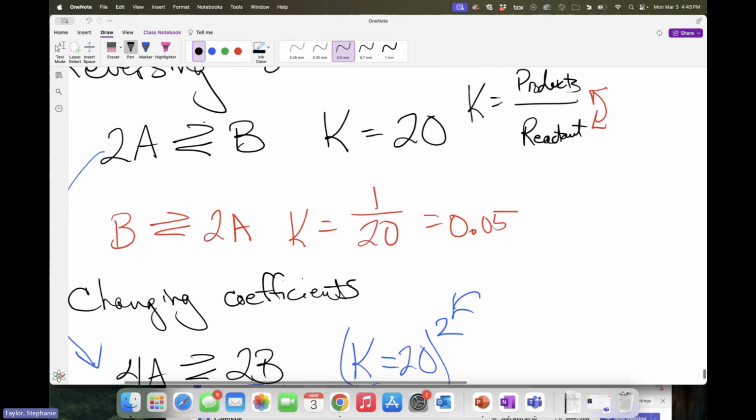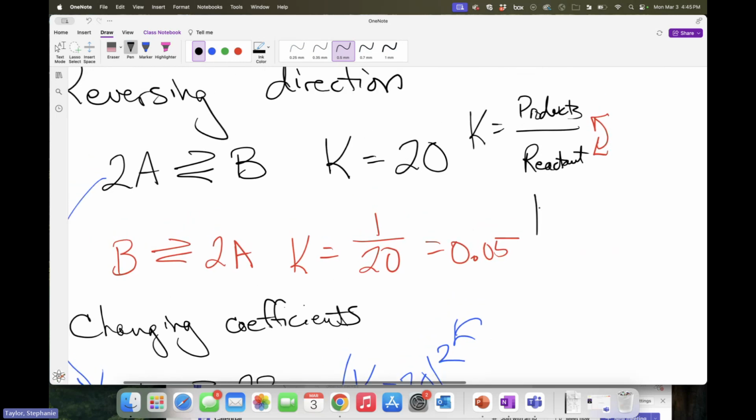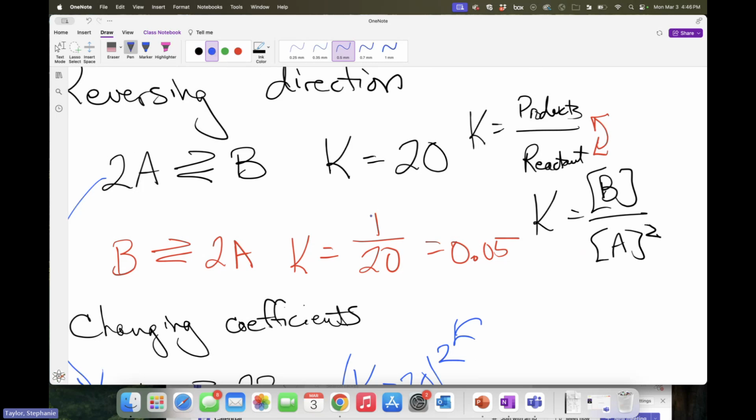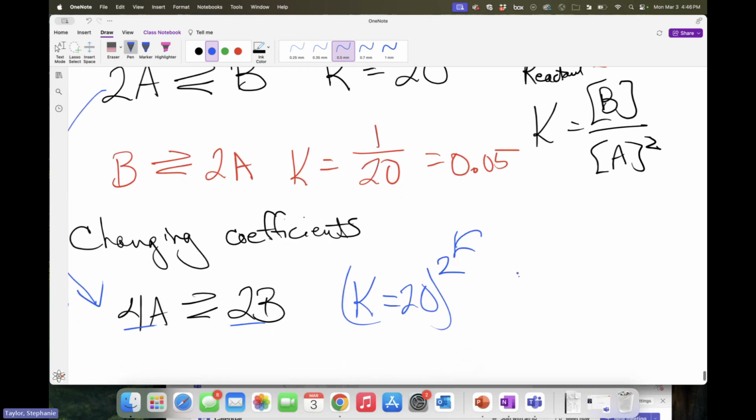My original K up here was K is equal to the concentration of B divided by the concentration of A squared. Now that I've multiplied all of those coefficients by 2, my new one would be K is equal to the concentration of B squared divided by the concentration of A to the 4th.